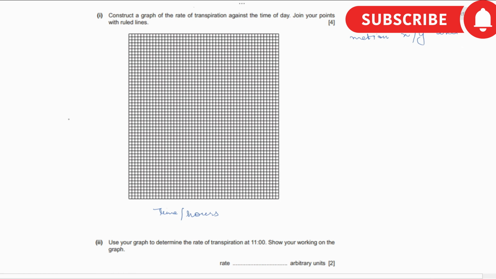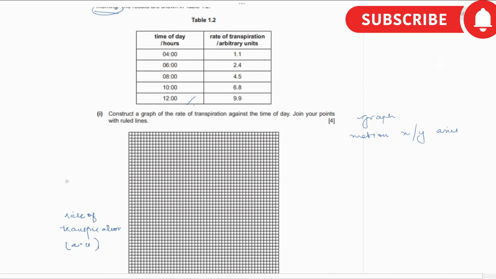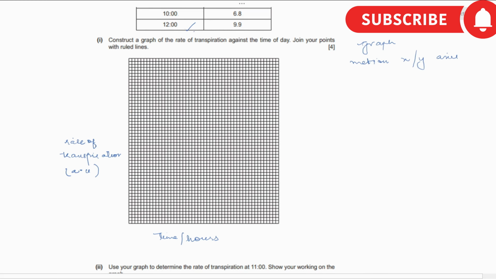And is there any unit for the rate of transpiration? If it's given in the table, then we have to write it. Now I guess you can draw it by yourself.